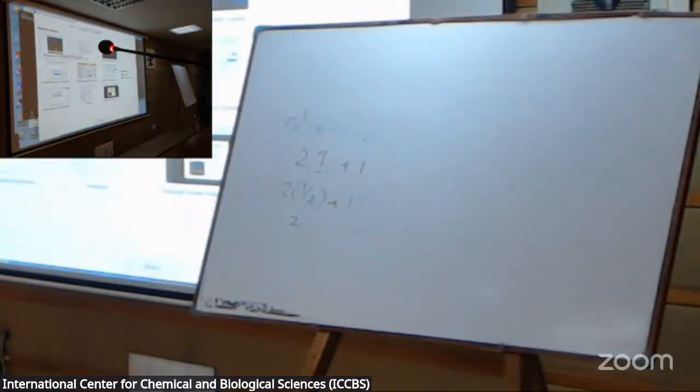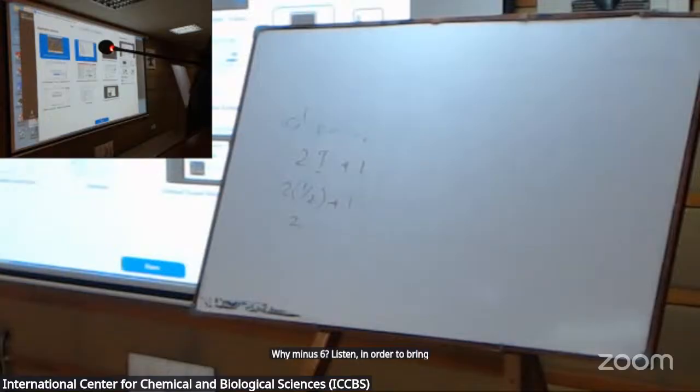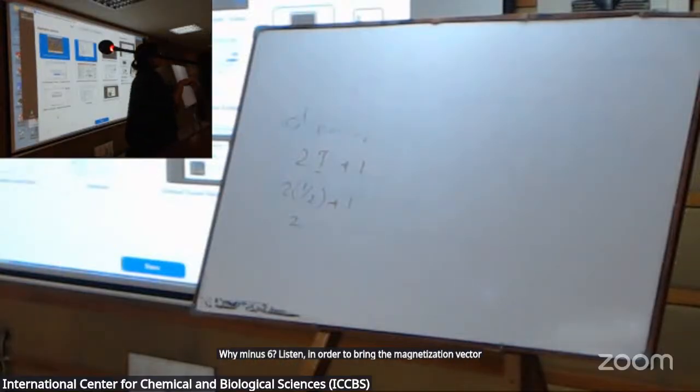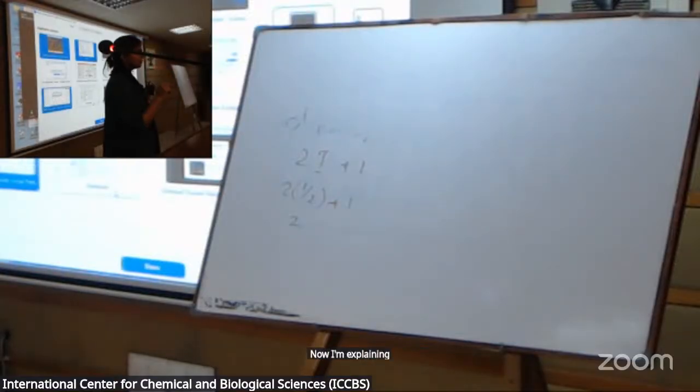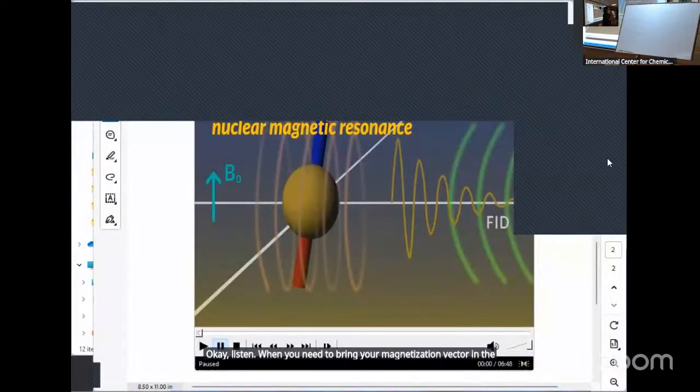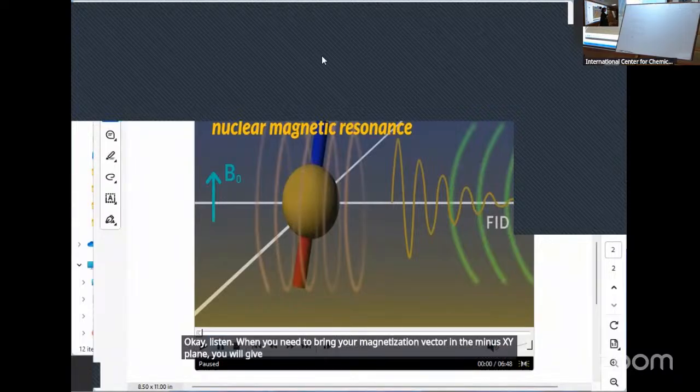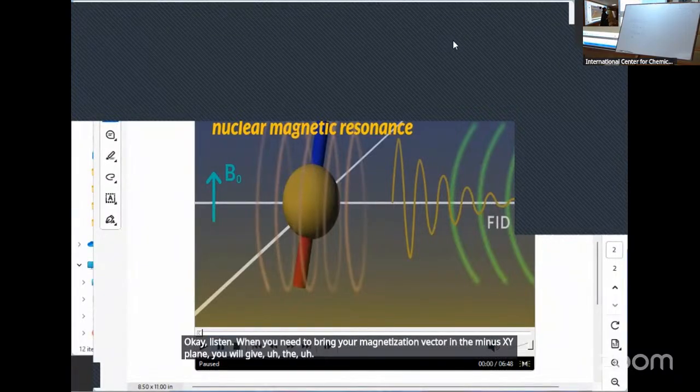Listen, in order to bring the magnetization vector in minus X, now I'm explaining and you are discussing with your friend and then you will give a wrong answer. Okay, listen. When you need to bring your magnetization vector in the minus XY plane, you will give the pulses from minus direction.